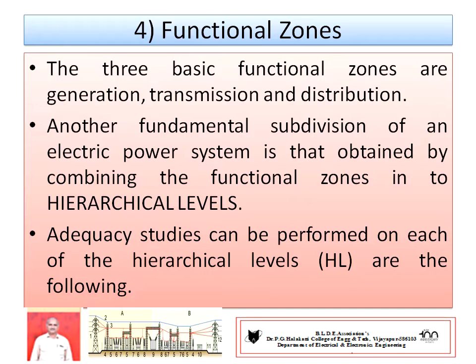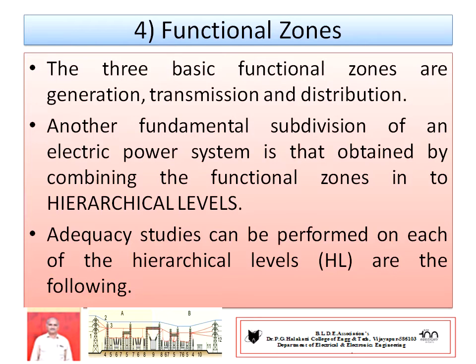So another fundamental subdivision of an electrical power system is that which is obtained by combining the functional zones into hierarchical levels. These are referred to as functional zones. There are three functional zones.